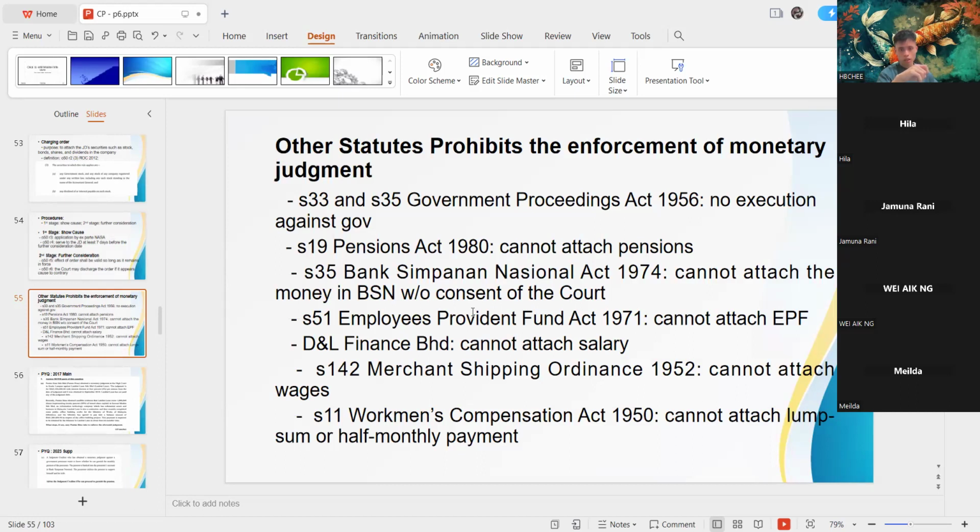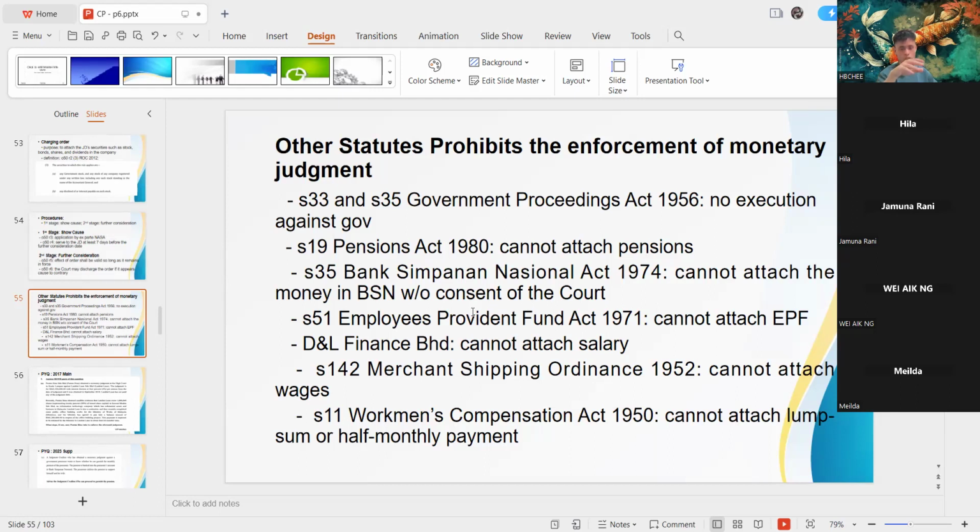So I think the Pensions Act and the EPF Act, you cannot attach. It's because of the Federal Constitution. Because under Article 5 of the Federal Constitution, it says the right to life and liberty. So you cannot deprive someone of their liberty of living. That is the logic of these two statutes.